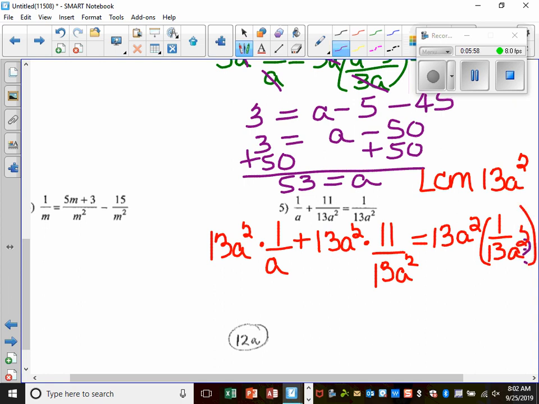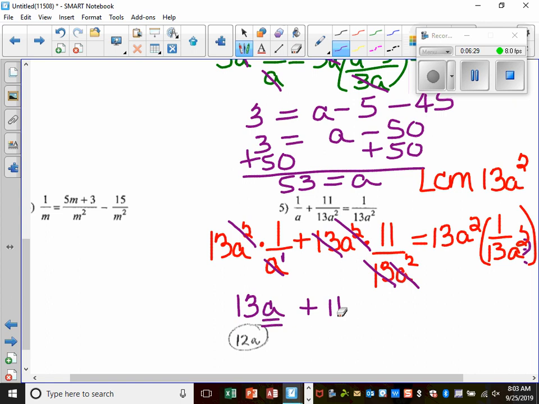Now I'm going to go ahead and subtract these A's right here. So that's going to leave me with 13A, because A to the second and A to the first, we subtract those, so I still have an A. Here I can cancel out the A to the seconds, and then I'm going to be left with what? This should be 11.